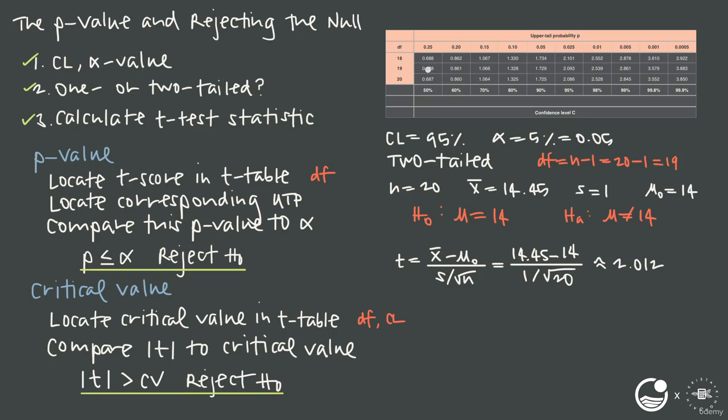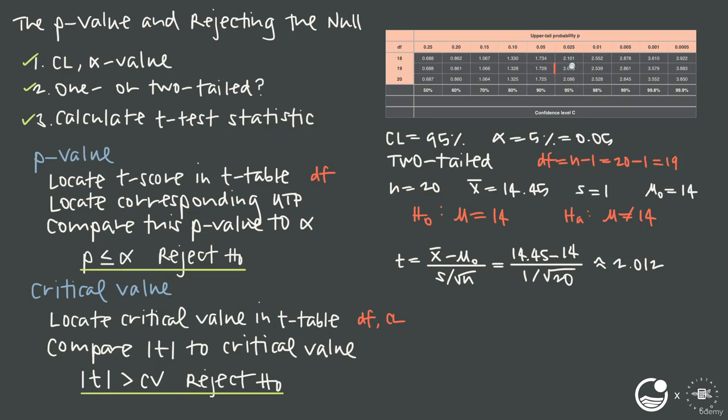Now, keep in mind that it's very, very unlikely that we'll find exactly this value for the t-score that we calculated. Almost certainly, we'll find a t-value here that lies in between 2 of the values in the table. So looking across this 19 degrees of freedom row, we see that this score right here lies in between these 2 values. It's in between 1.729 and 2.093.